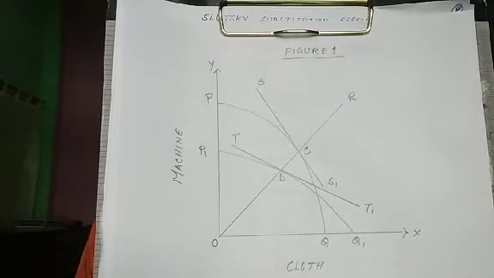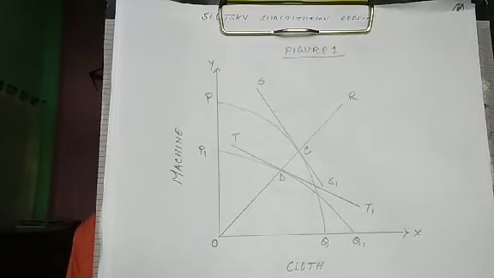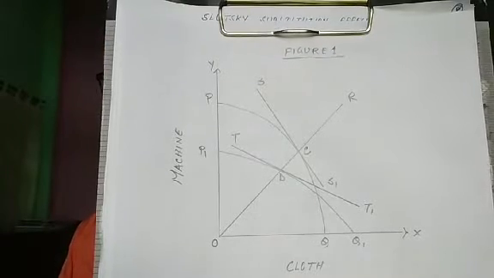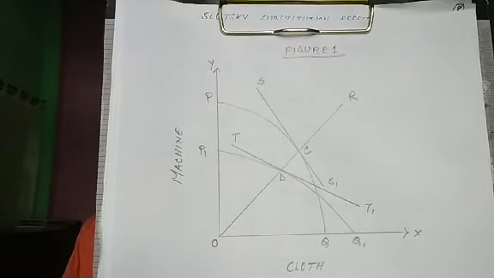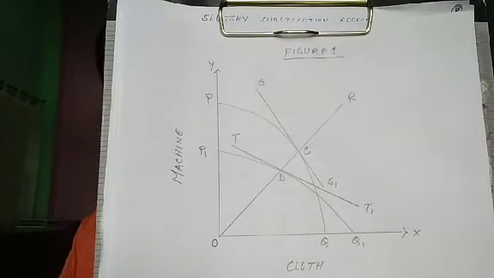We have measured machine along the y-axis and cloth along the x-axis. So country A will produce at point C and country B will produce at point D.